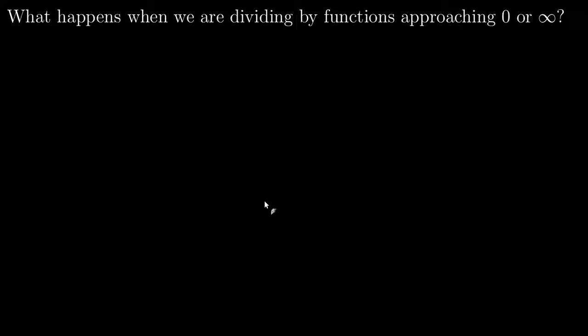Before we go into some other examples, let's consider what happens when we're dividing by things approaching 0 or things approaching infinity. Now I'm going to use some really bad notation here, but I think it's good to see what we have.